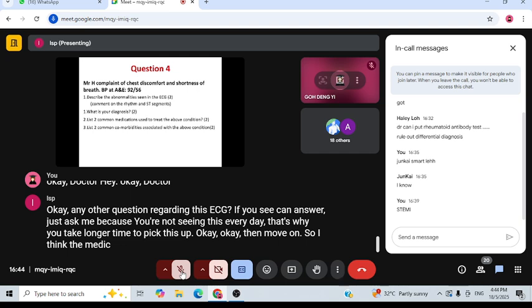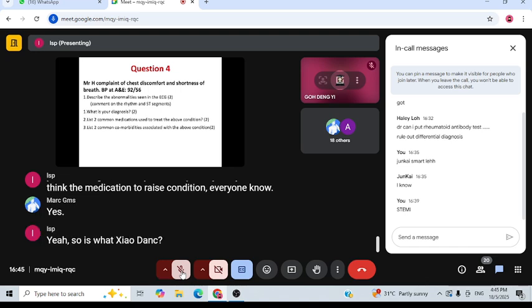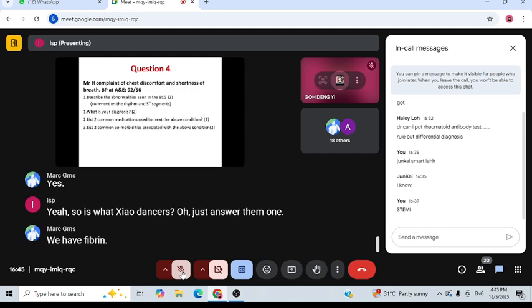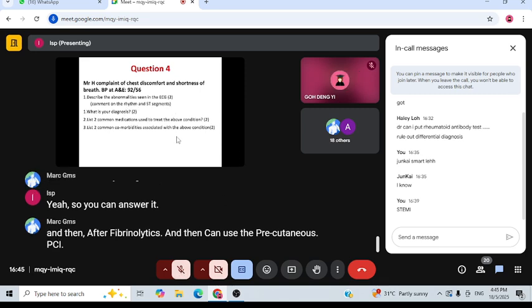The medication to treat this condition, does everyone know? Shout out the answers, then we move on. We have fibrinolytic agents, and then you can use percutaneous PCI or something like that.